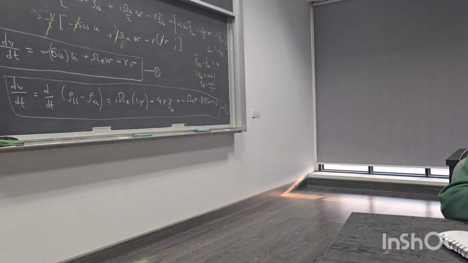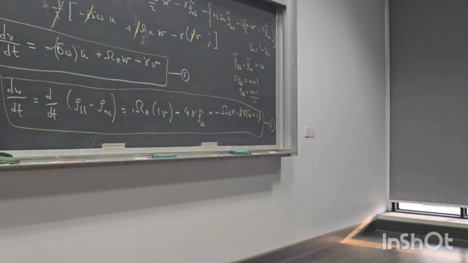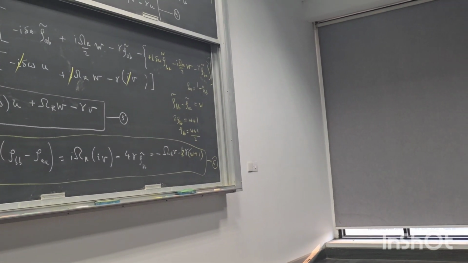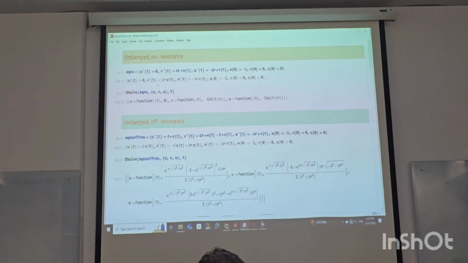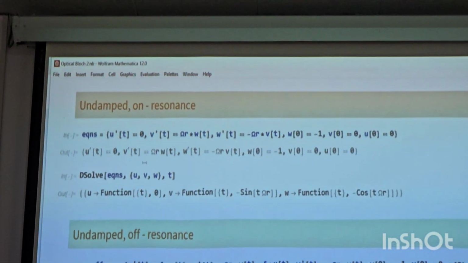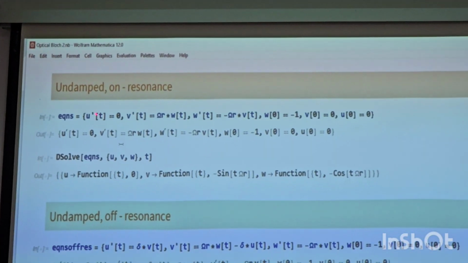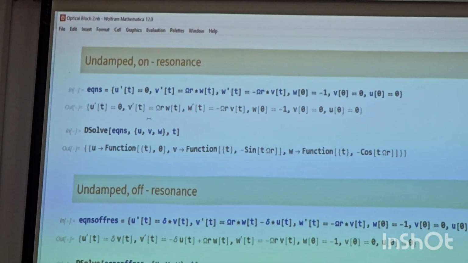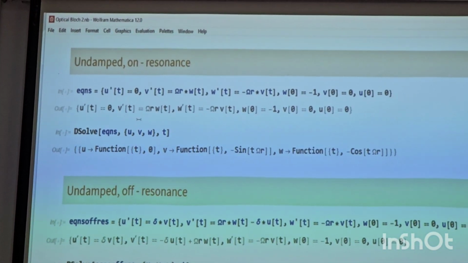Then I put delta omega 0 and gamma 0 in equations 5 and 6, which I've done over here. So I've defined the 3 equations: first equation, second equation, third equation. And I put in my initial conditions. So I define my system of equations, then I solve the equations. In this case, we've already done it on a blackboard.